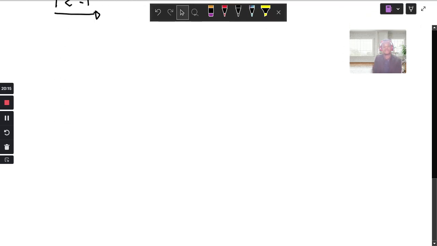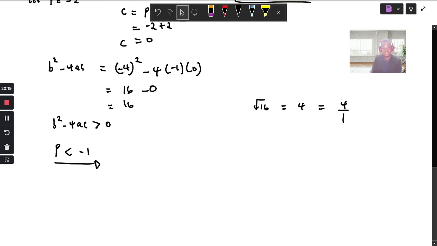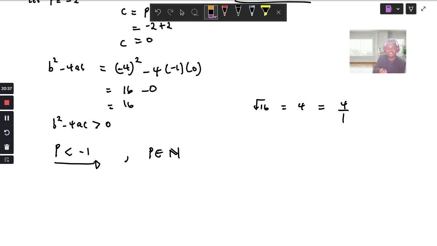So that's why I said when my p is less than minus 1. And also I should include that my p should belong to natural numbers. Not natural numbers, sorry, but my p should belong to integers.